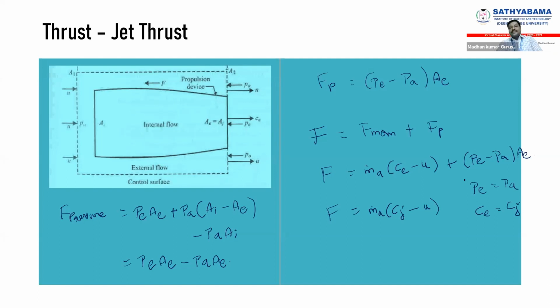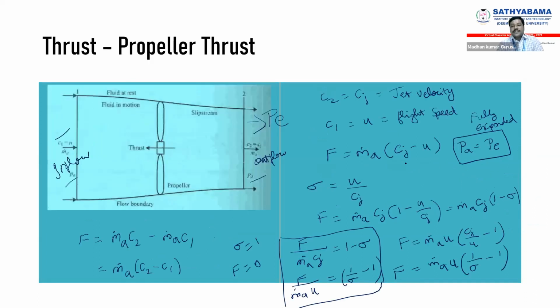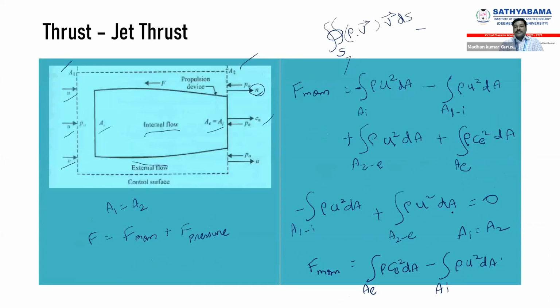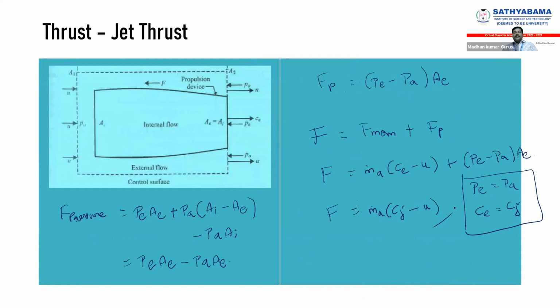So the equation becomes m dot a into (Cj minus U). Substituting the same non-dimensional form, this resembles the propeller thrust equation, m dot a into (Cj minus U), where Cj is the effective jet velocity minus the flow speed. So this is the thrust equation.